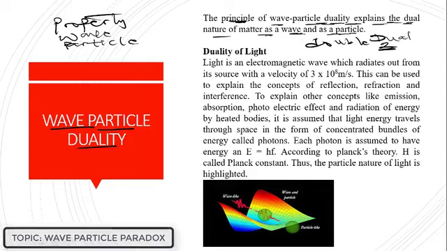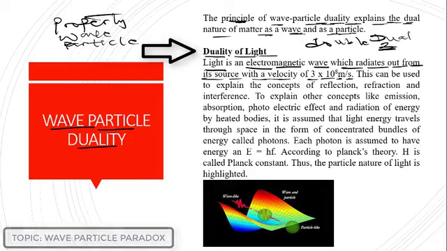Alright, let's talk about the duality of light. Light is an electromagnetic wave which radiates out from its source with a velocity of 3 times 10 raised to the power 8 meters per second.